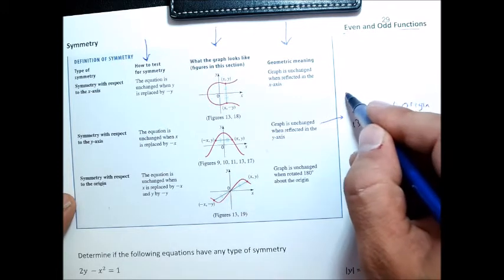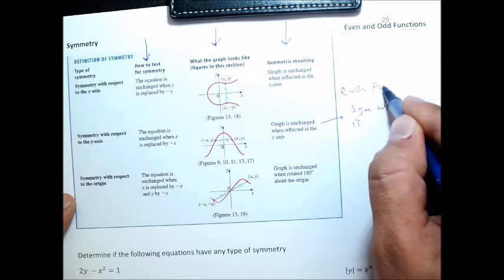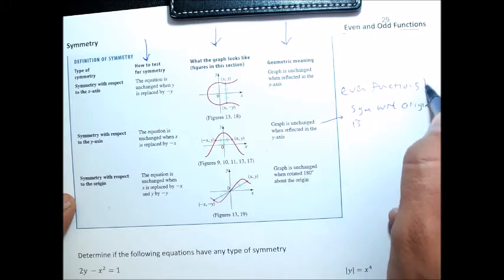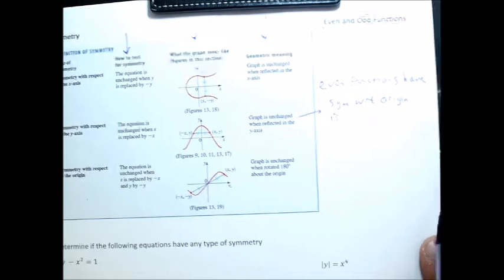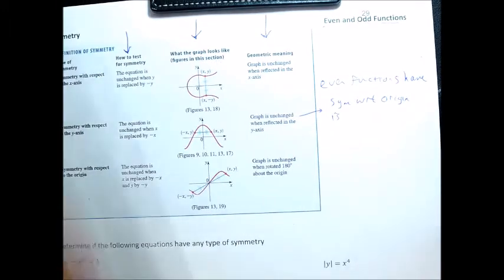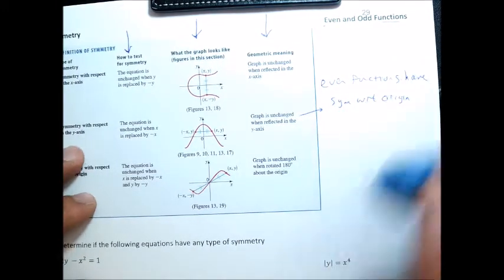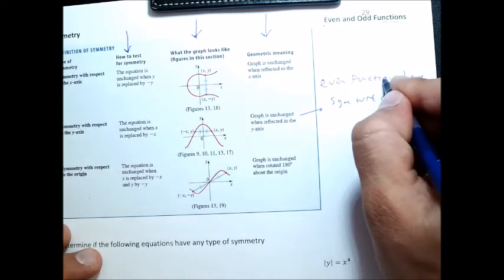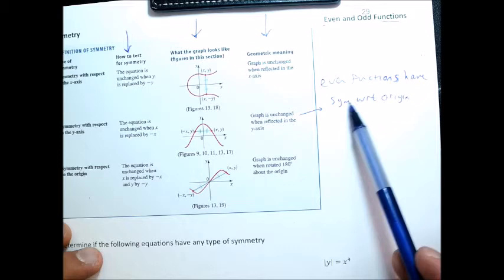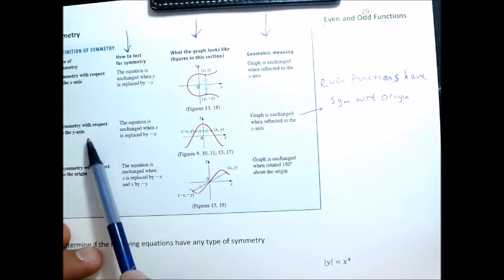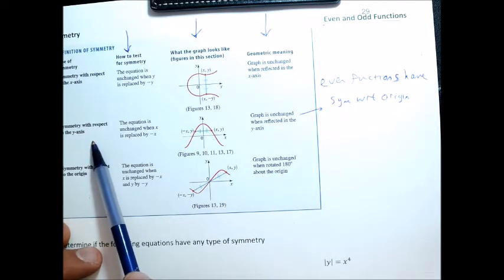What I want to say is even functions have symmetry with respect to the y-axis. That's what I wanted to say. I know that it's kind of hard to read. What I wrote there is even functions have symmetry with respect to the y-axis. And so saying a function is even is just another way of saying that it has symmetry with respect to the y-axis.